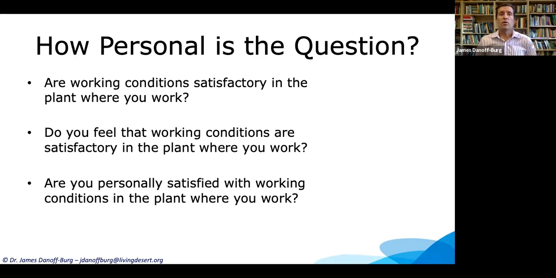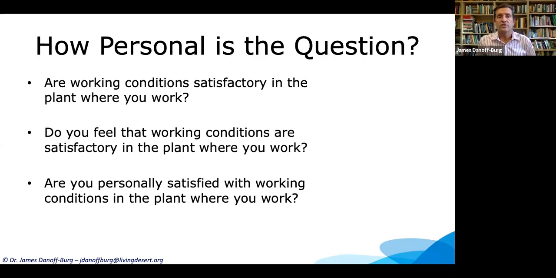The top one: are working conditions satisfactory in the plant where you work? Open-ended, or not open-ended, very broad, not focused on what they think, not focused on their job, not necessarily their specific perspective, because a person could take that to mean, what does everyone think about the working conditions in the factory where you work?